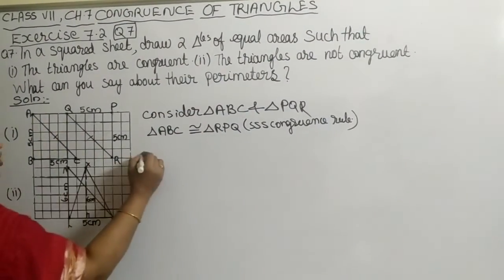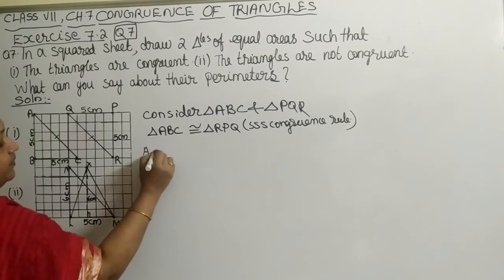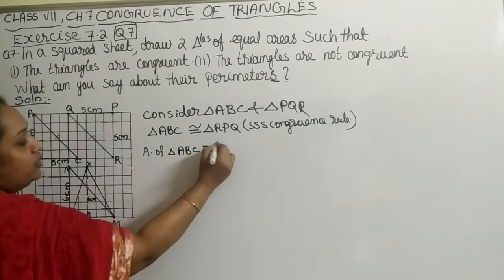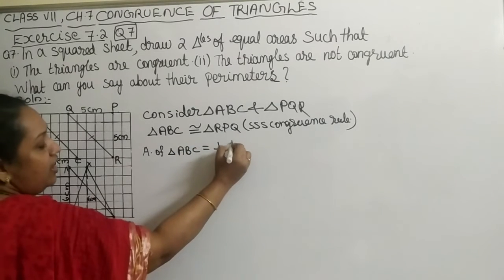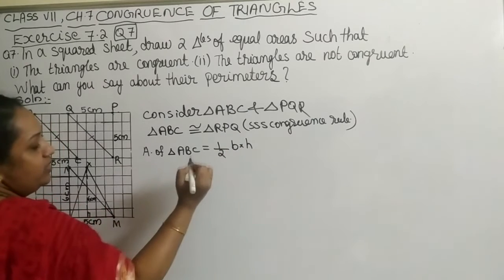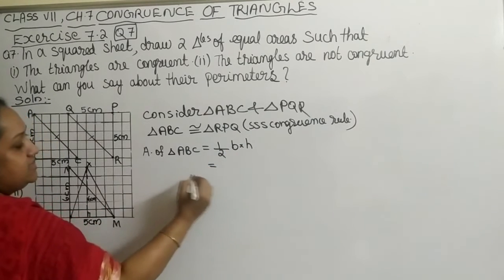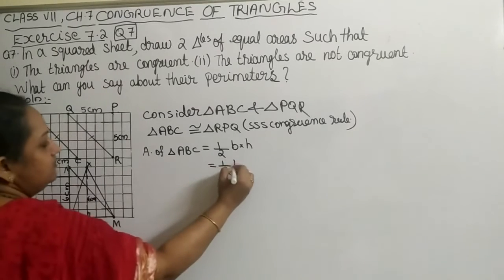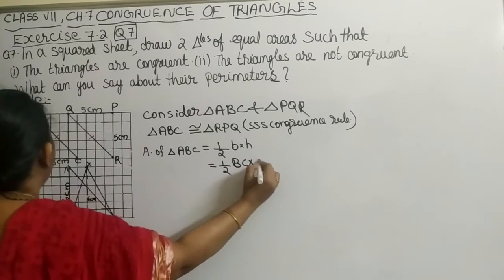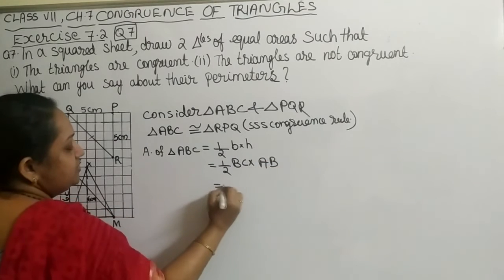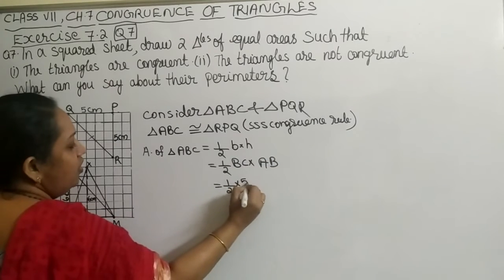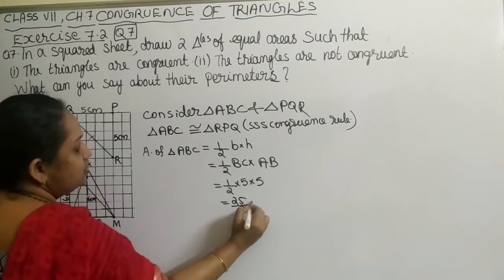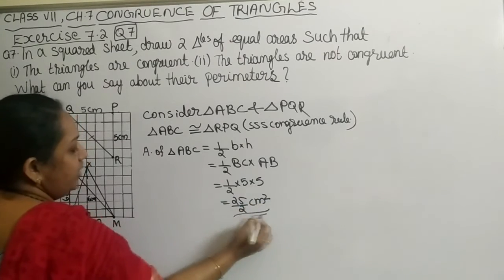So area of triangle ABC equal to, you know that area equals half base into perpendicular height. So in this case, triangle ABC, we will get half, base is BC, into height is AB. Substitute the values, half into 5 into 5, that is 25 upon 2 centimeter square.